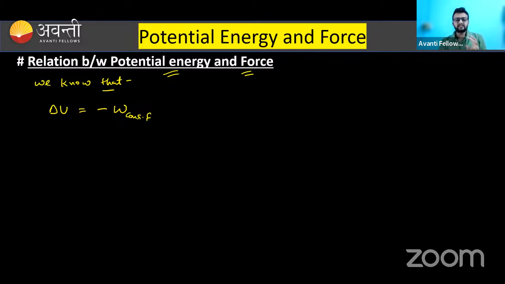Now, consider a situation here. What is the situation? Assume, what are we assuming? We are assuming that motion is one-dimensional. One-dimensional motion means that the body is moving in a straight line, and we are taking it as the x-axis.